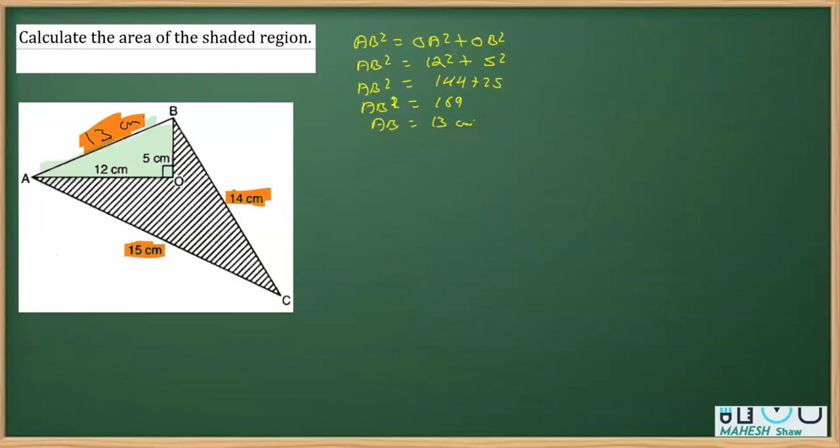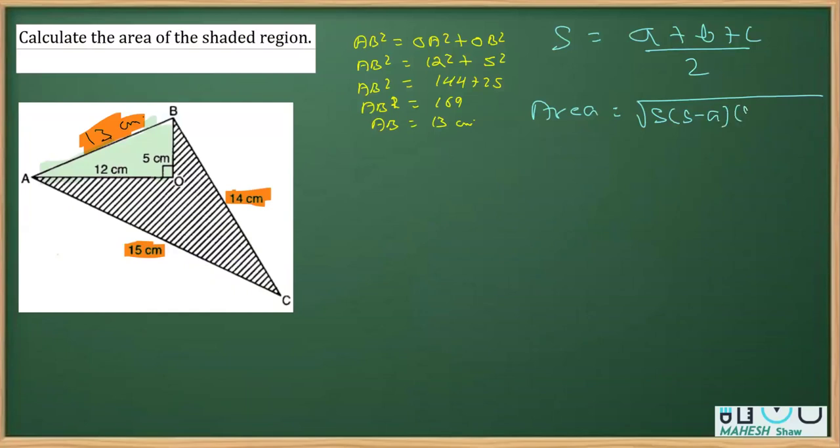Now, for that, we need Heron's formula. First, I should tell you what Heron's formula is. First we find the semi-perimeter, which is half of the perimeter, and then the area is whole under root S into S minus A into S minus B, multiplied by S minus C. So we need to get S first, and S is calculated as A plus B plus C divided by 2.